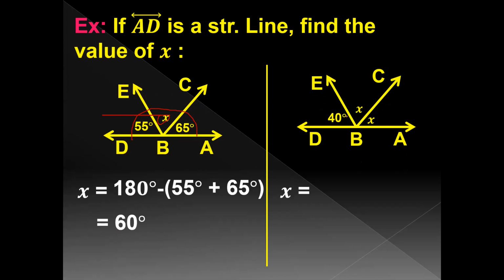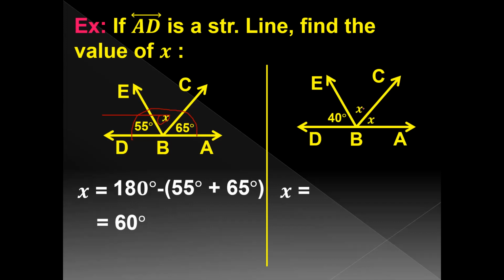Next question. We have angle EBD is 40 degree, and the angle EBC is x, and the angle CBA is x. So we find that the two angles are denoted by the same symbol, so the two angles are equal in measure.